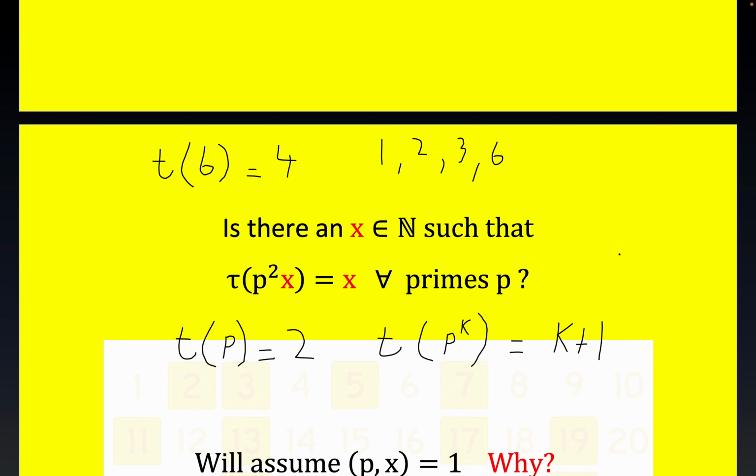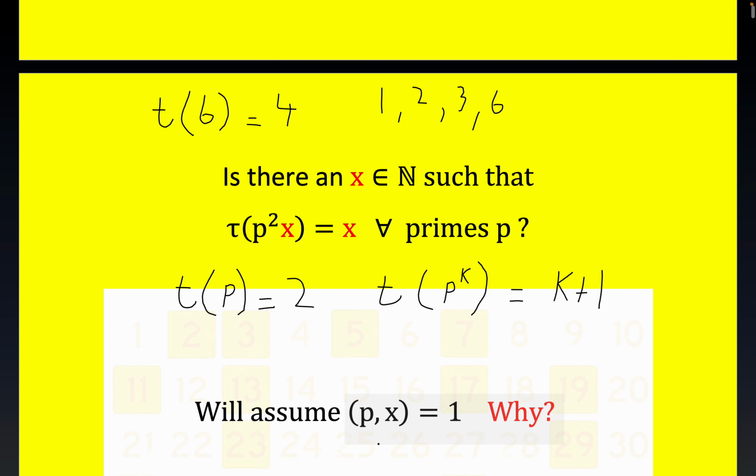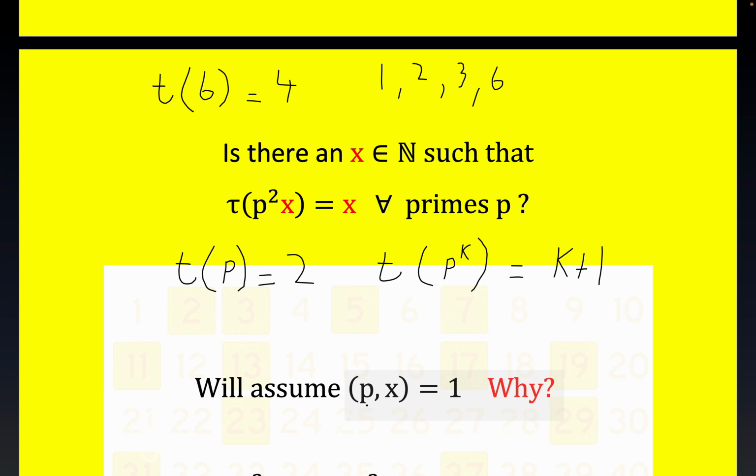Okay. Now let's get into what we're trying to prove here. We want to know, can you find a constant value x that's always true for all primes squared? Now, this result right here says we're going to make this assumption. It has to do with the multiplicative nature of tau. This says that p and x have no common factors.